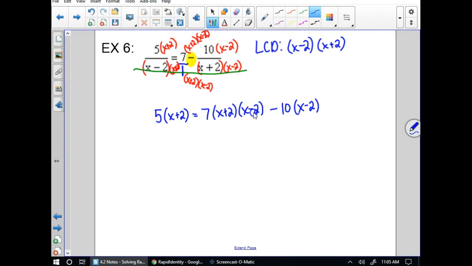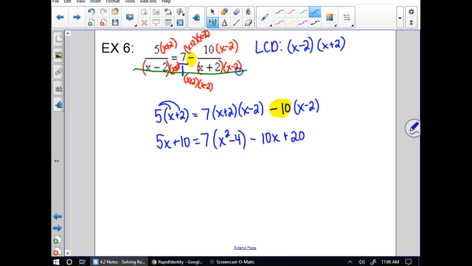That's a difference of squares. So I'm going to distribute my 5. So 5x plus 10 equals, I'm going to hold on to this 7, and I'm going to multiply x plus 2 times x minus 2, which we just said was x squared minus 4. And then I'm going to distribute the 10, but make sure you distribute that negative that gives everybody trouble with it. Okay? So you got negative 10x plus 20.